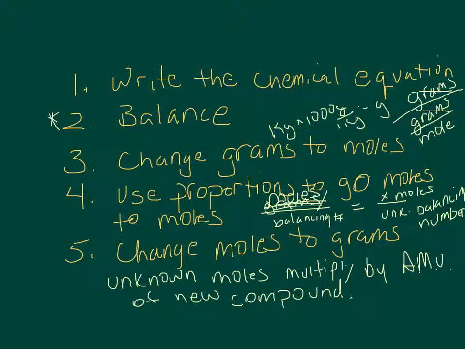It's the question part of the sentence in the story problem. Like, how many grams of a new compound? So this is the 5 steps of stoichiometry, and let's go ahead and try one of these.